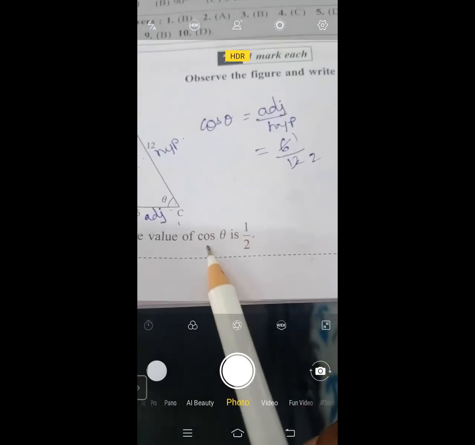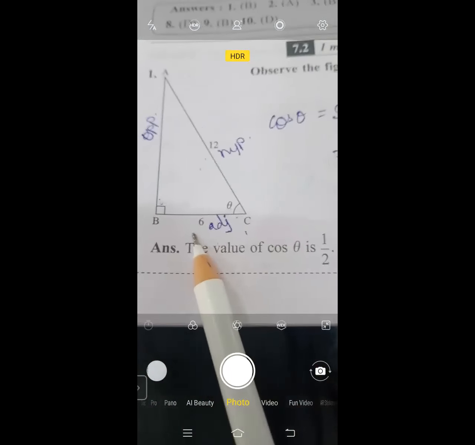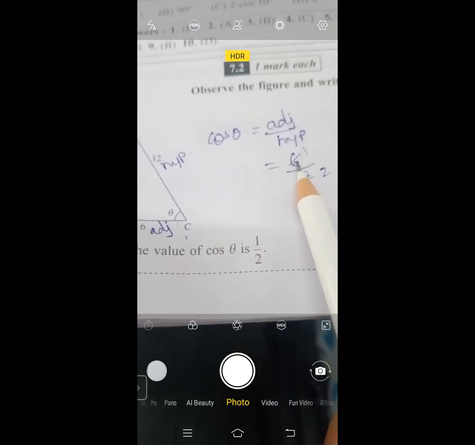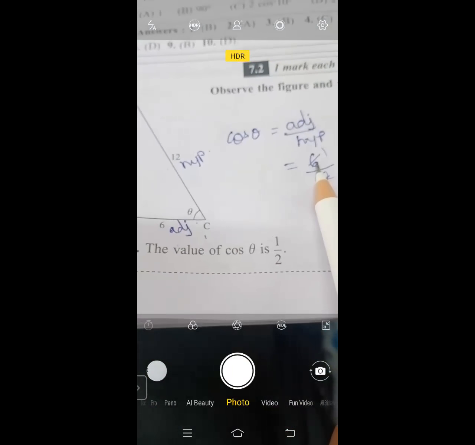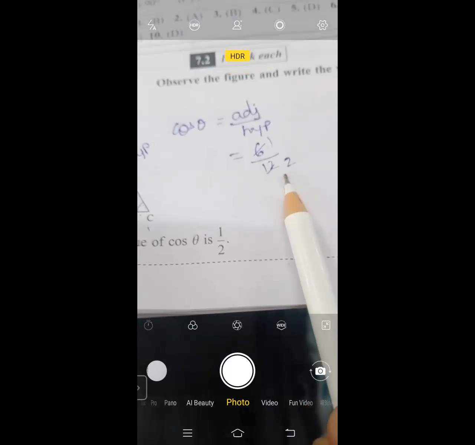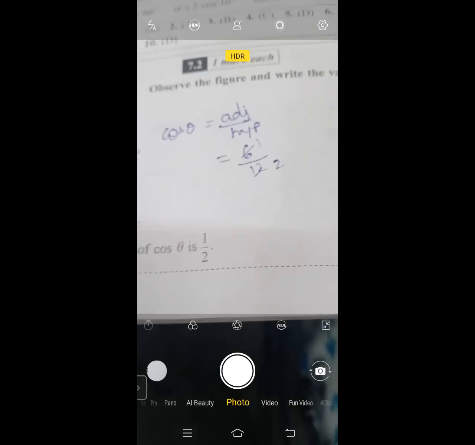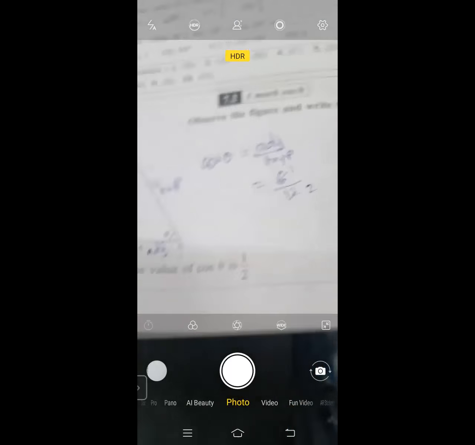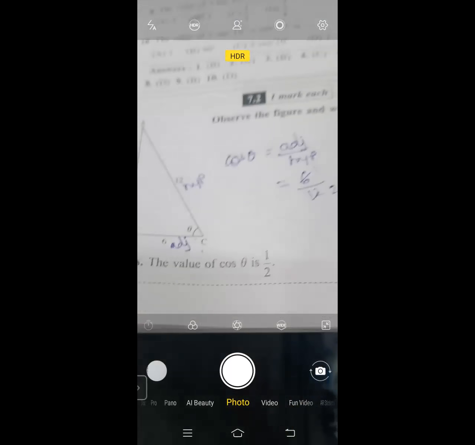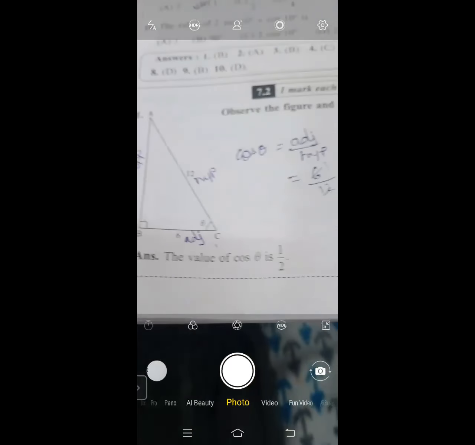So what is cos theta? Cos theta is nothing but adjacent upon hypotenuse. This is the adjacent side whose length is given, which is 6, and the hypotenuse is 12. Simplifying this fraction gives 1 upon 2. So the value of cos theta is 1 upon 2. This is also an easy question which gives you 1 mark.